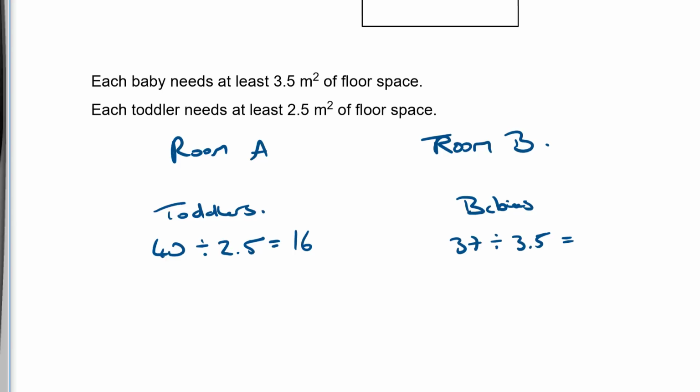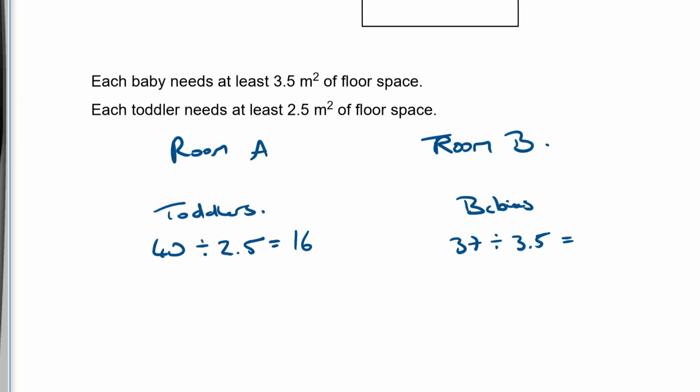And 37 divided by 3.5. That's 10 and a fraction. It's 10 and a bit, isn't it? Now, you can't put 10 and a bit babies in the room. There are laws against that sort of thing. So you have to round this off.